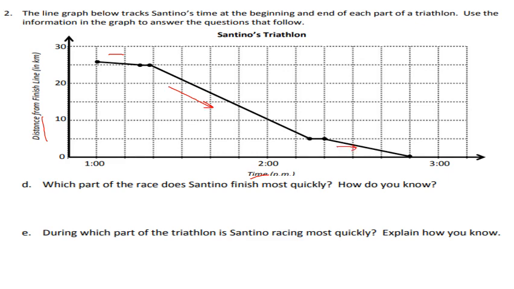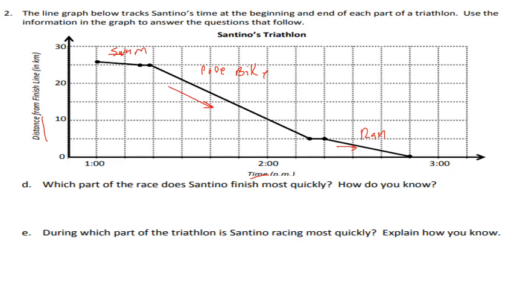So we know that from the part of the race, because it said he swam, then he rode a bike, and then he ran. So we can see that he was riding the bike quicker.